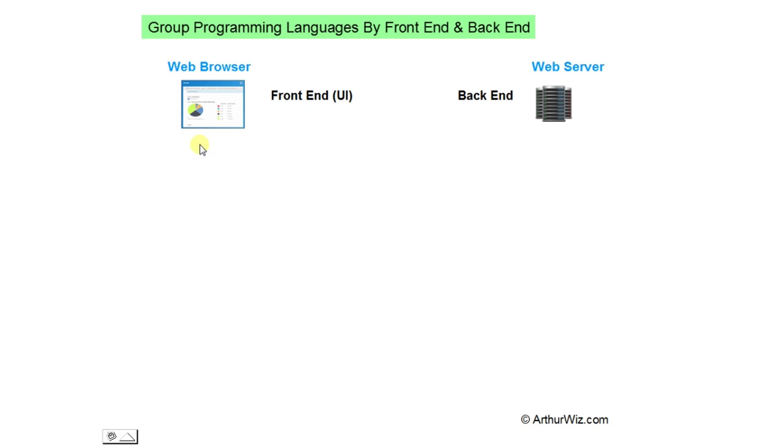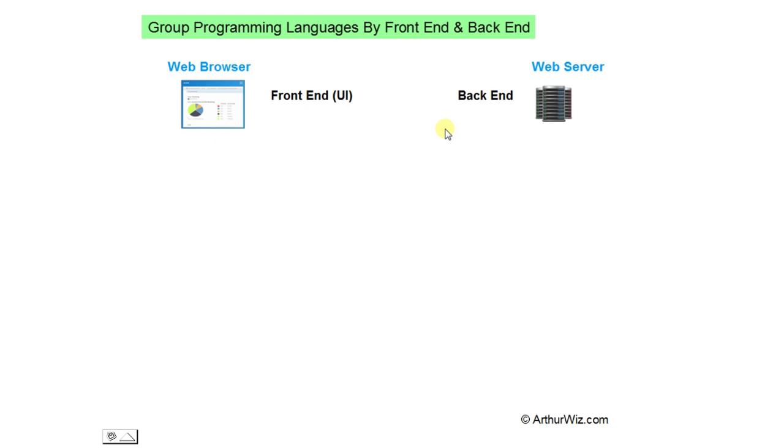The front end refers to the user interface, the area the user can see from the browser, and the programming languages used for the presentation layer are called client-side programming languages. The back end is anything that the user doesn't see, but a lot of processing happens behind the scenes.